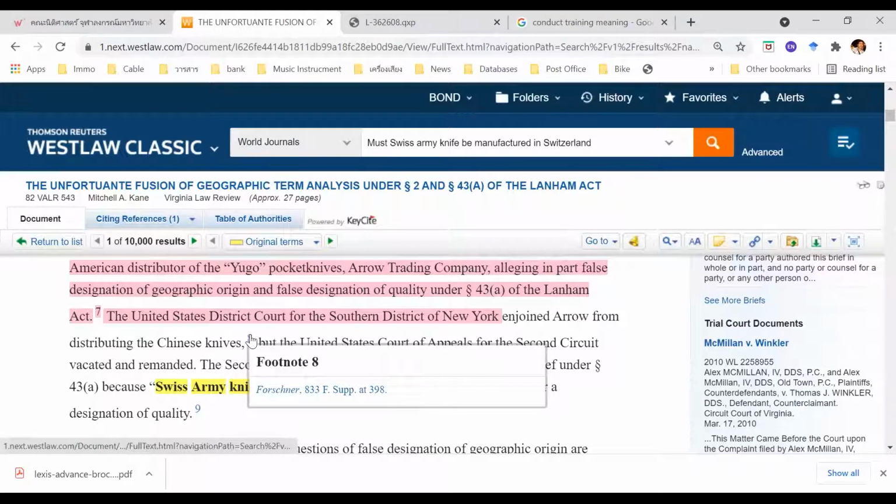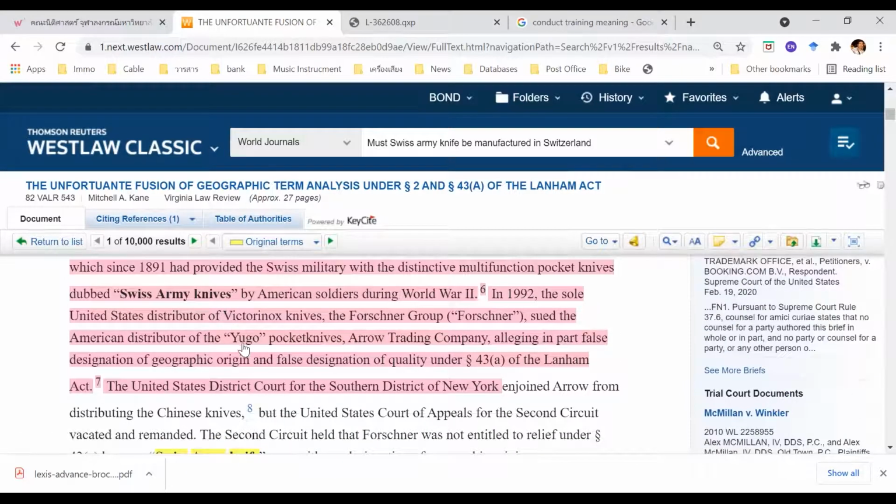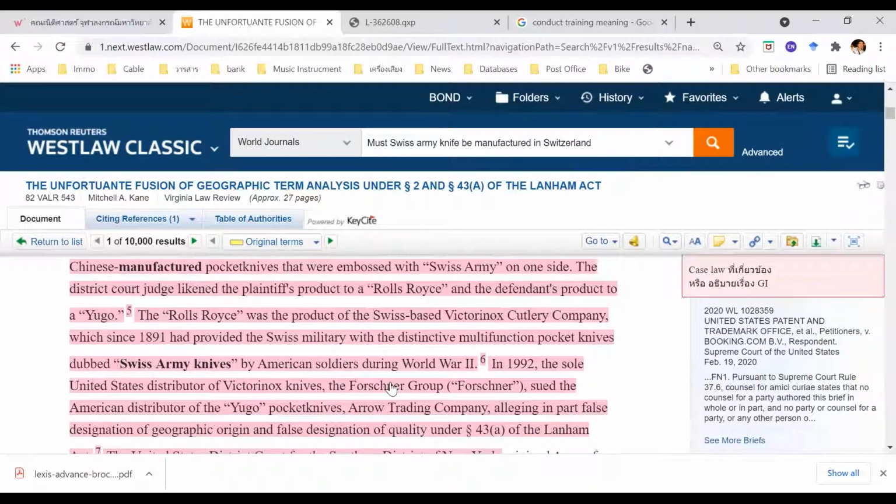So let me show you again. You look at that, the same thing. So it brings you to case law again. You look at that, it's easy to understand. We use plain English. You don't need to understand more advanced English, because this is plain English, easy to understand, because the author of this article writes for general people to read, not only people who work in that field or the legal field.